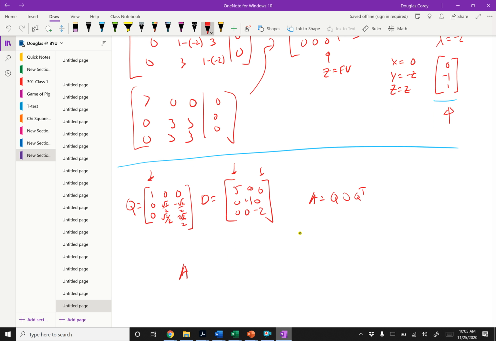So Q is 1, 0, 0, 0, square root of 2 over 2, negative square root of 2 over 2, square root of 2 over 2, square root of 2 over 2.